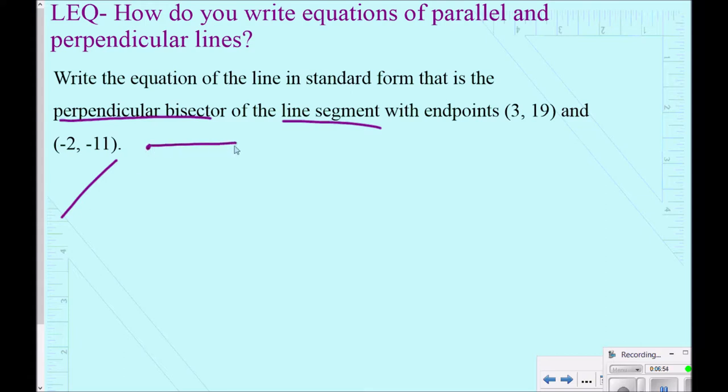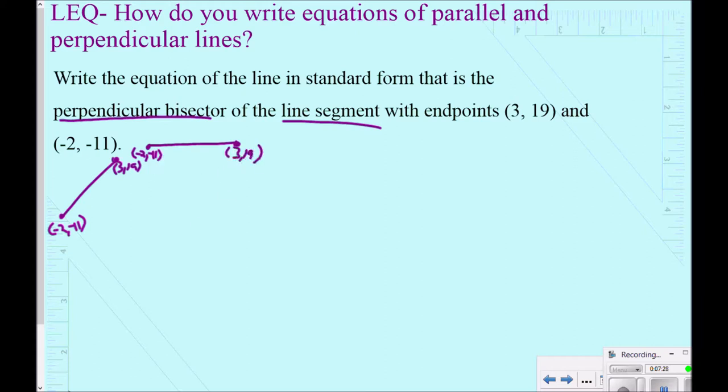So I'm just going to draw a line segment, which is basically the line segment I would have from those two coordinate points, but I'm just going to flatten it out so it's easier for us to visualize what a perpendicular bisector is. So even though my line segment really would be like that, and this is (-2, -11), and this is (3, 19), I'm just going to label it on this one, again, just for demonstration purposes here.